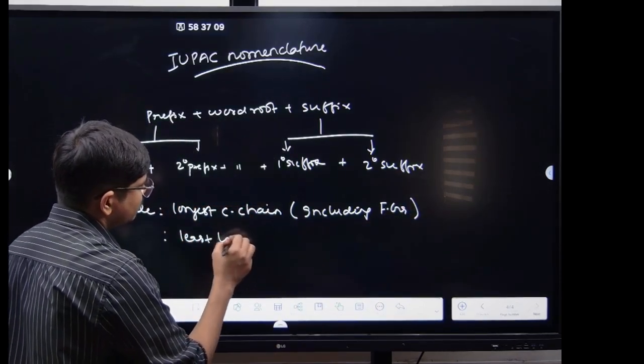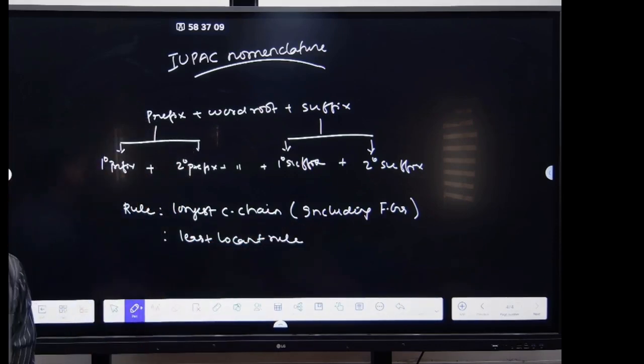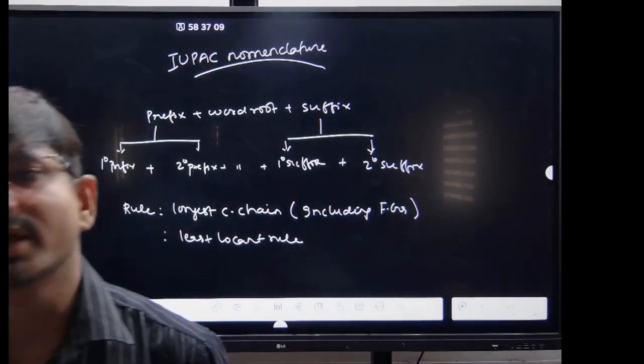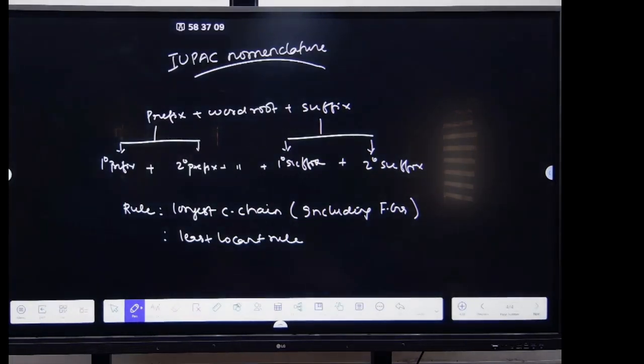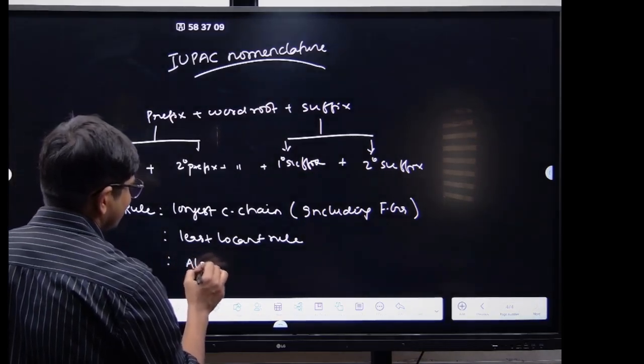Majorly these two rules are important. Then 1 degree prefix, 2 degree prefix, word root and then the suffix will be there. Then you have to follow the alphabetical order.